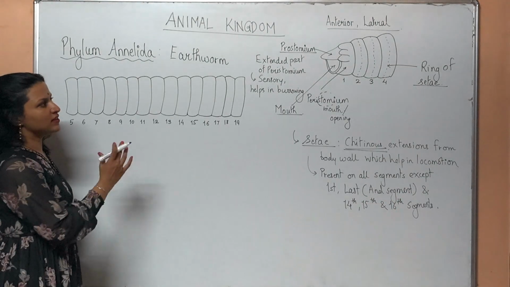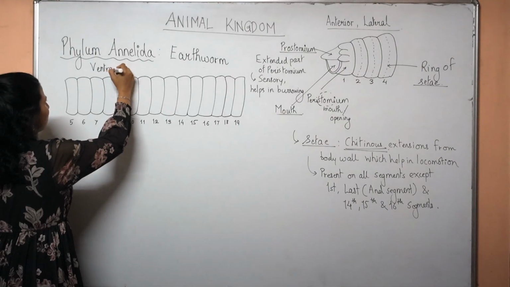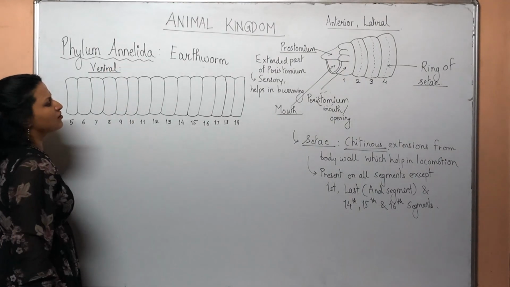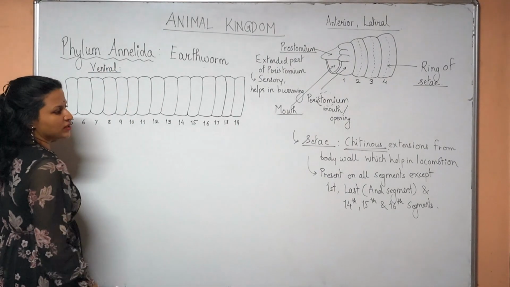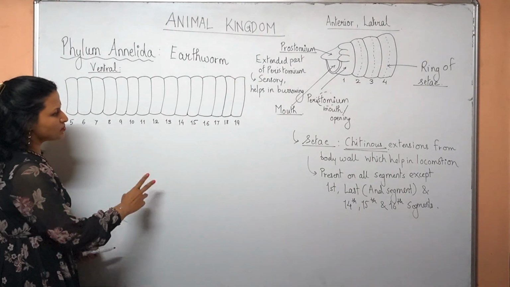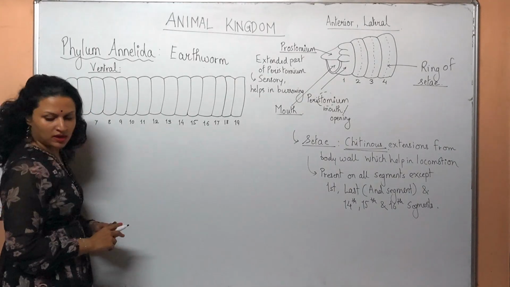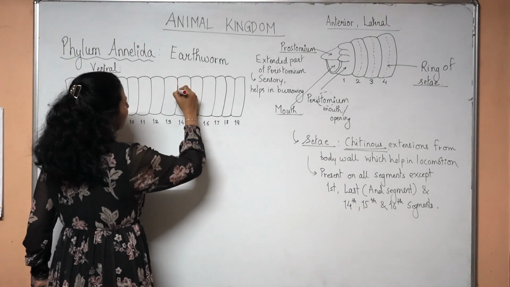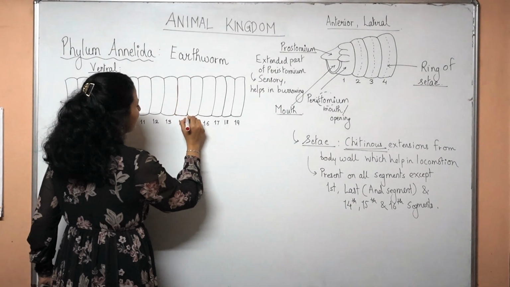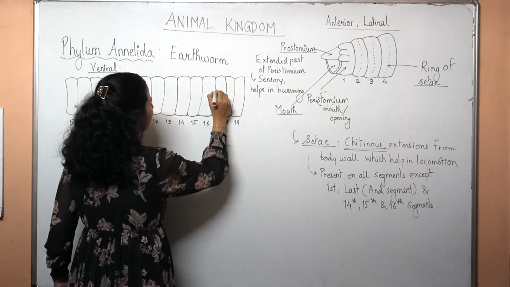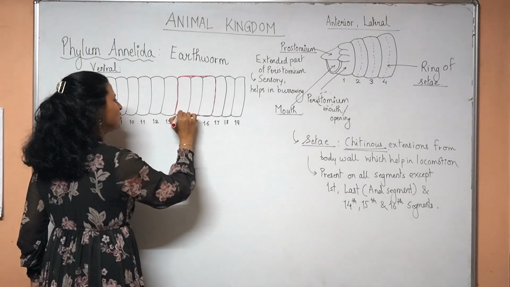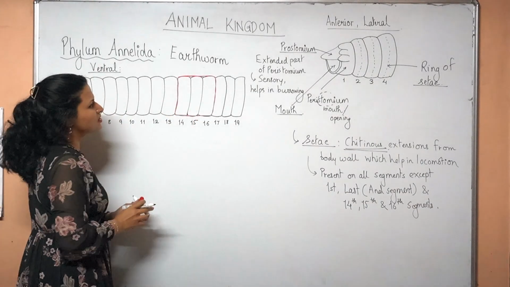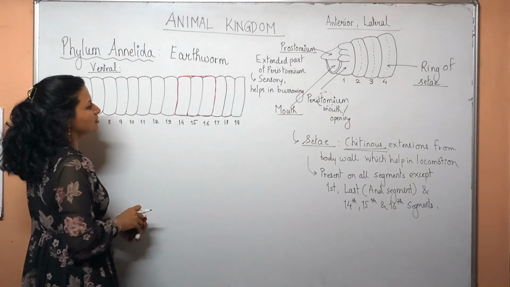Okay, we are looking at the rest of the segments. This time I would like to show you the ventral view of these segments. Let's start with the 14th, 15th and 16th segments. What is so special about them? If you look carefully, the 14th, 15th and the 16th segments will be covered by a glandular epithelium in such a manner that you won't be able to clearly distinguish between them.